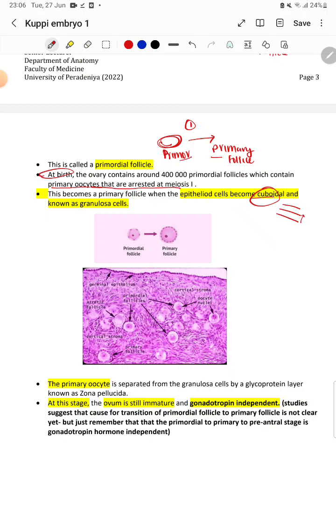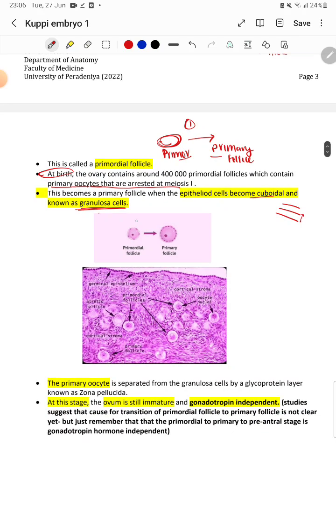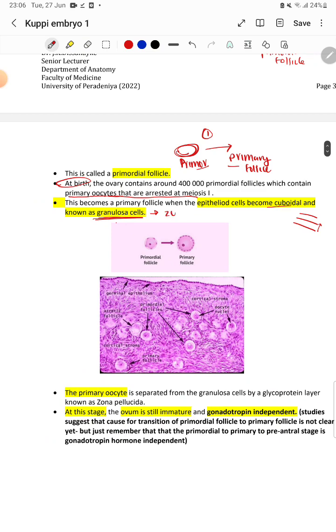The change in shape gives a different label. It's known as a primary follicle, and they're no longer called follicular cells, but granulosa cells. This granulosa layer is special because it's able to give you something known as a zona pellucida, which I'll get to in a bit.